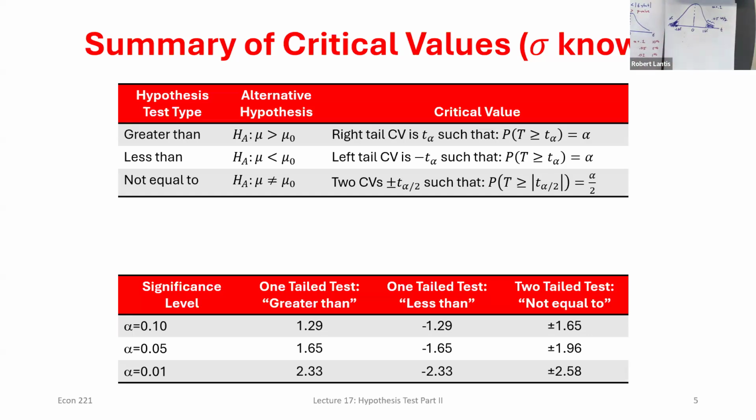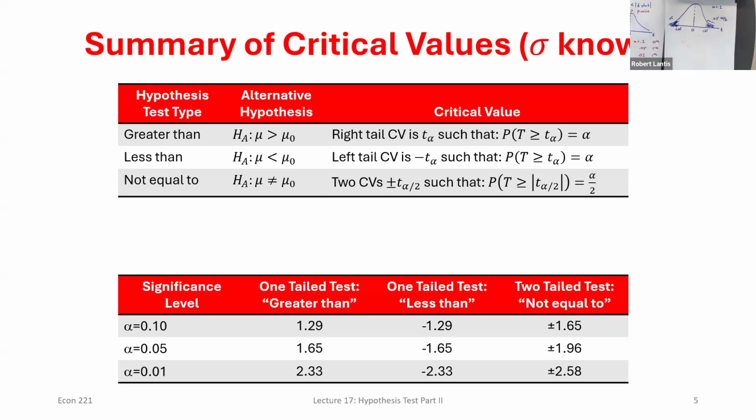Or in each tail. So inherently, instead of having 0.1 in this tail, I'm going to have 0.05. What are my critical values at the same alphas for a two-tailed test? They're always going to be a little bit larger in absolute value, right? Because it's not just one side of the distribution now, it's both sides that would go against my assumption, right?